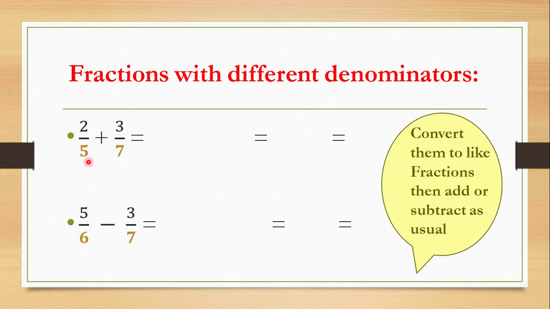Okay, so I multiply 5 times 7 in the denominator, and I multiply here 7 by 2 and 5 by 3. If you multiply here by 7 to get 35, you should multiply 2 by 7. By the same way, I'll multiply 7 by 5 to get 35.